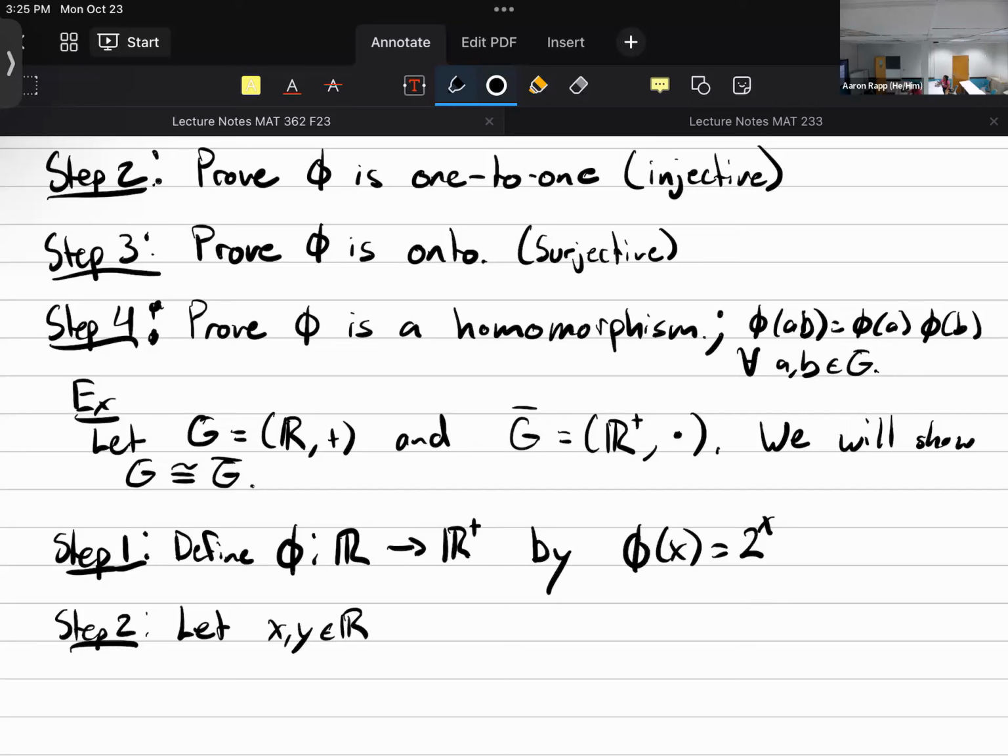So I'm going to take 2 elements from my domain and assume that their outputs are the same. And my goal will then be to show what? x equals y. Those inputs must have been the same value.